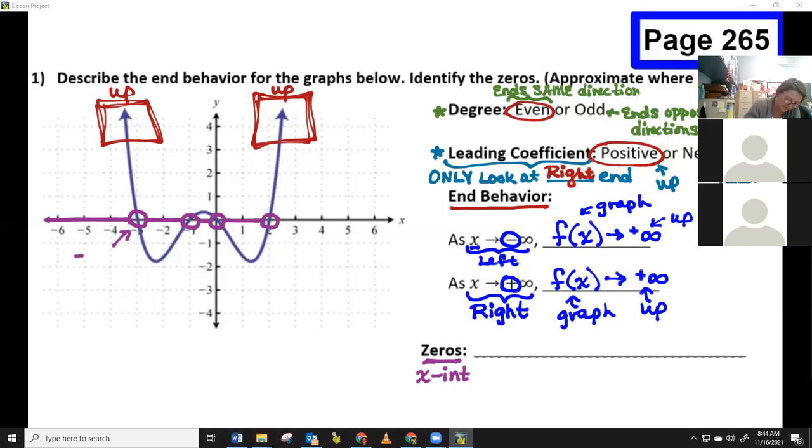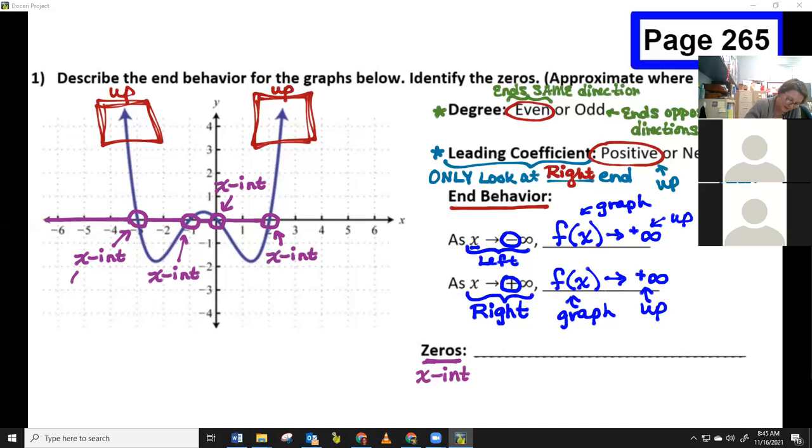We want to give these ordered pairs. So what are all 4 ordered pairs here? It's -3, 0, -1, 0, 0, 0, and 2, 0. That's absolutely correct. Let me get the rest of these labeled here and then I'll write those down.